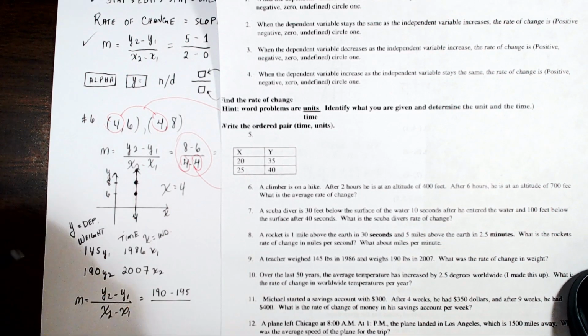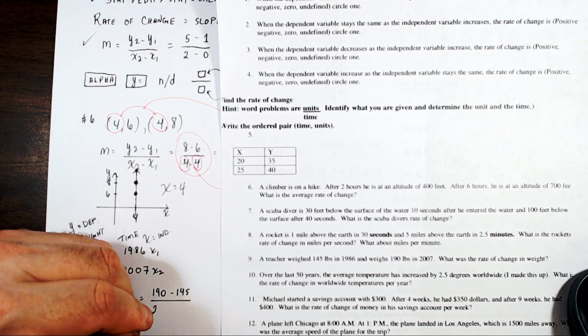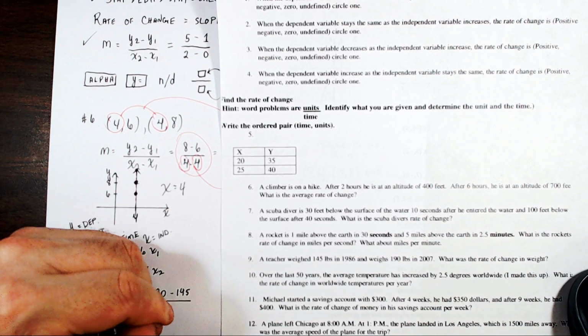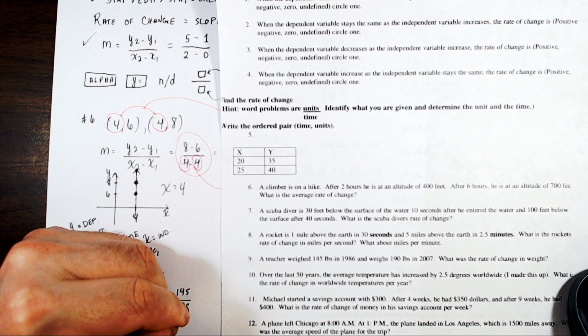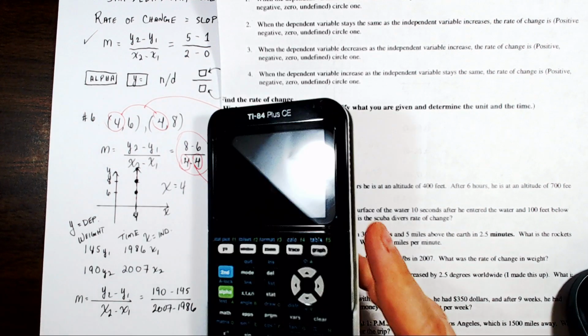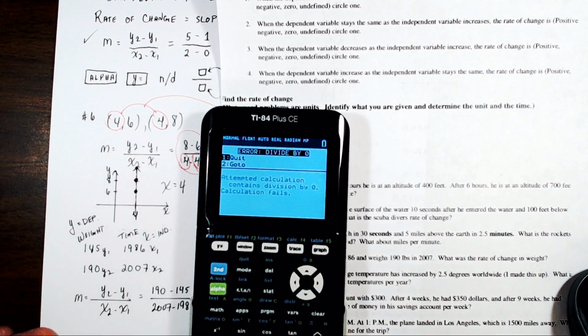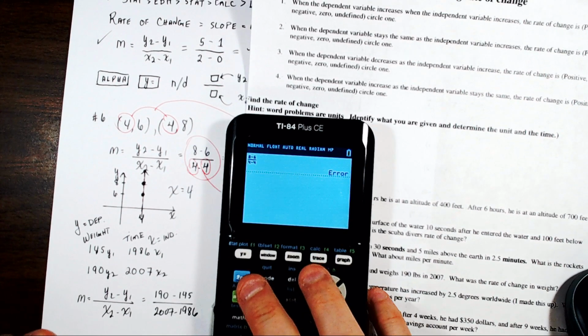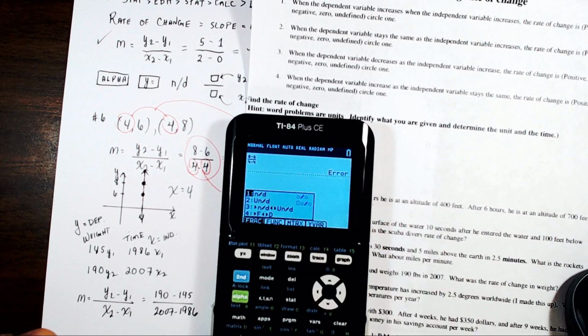Okay, x2 is 2007. And x1 is 1986. Well, we could solve that by hand. Always fun. Or we could plug it into our calculator using the alpha y equals trick.